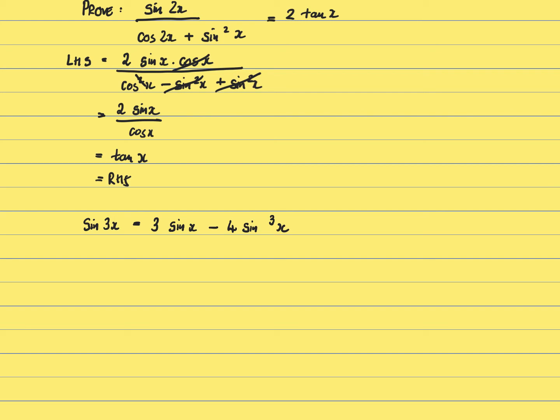What I do notice on the left-hand side is I've got sine 3x, which I haven't really come across before. But I know that I could rewrite that as sine of 2x plus x, which is now going to be a compound angle, agreed?